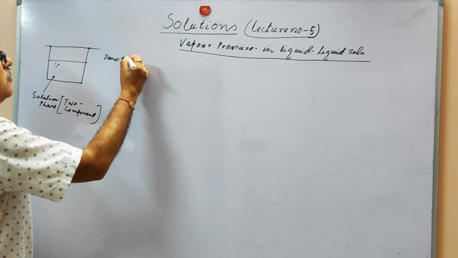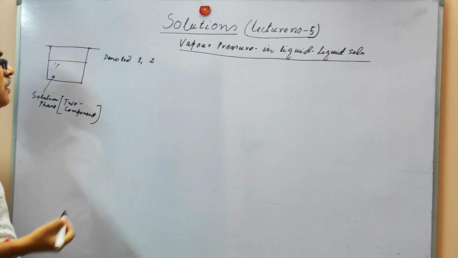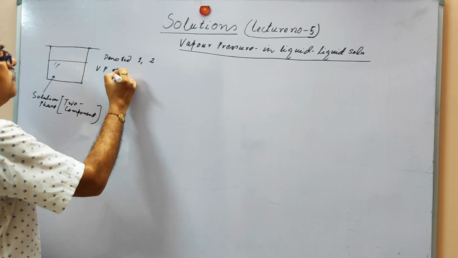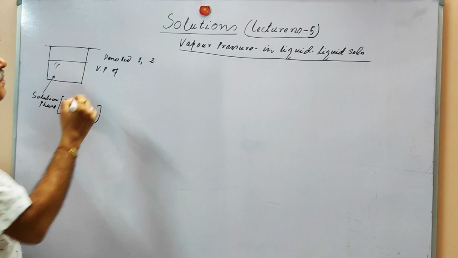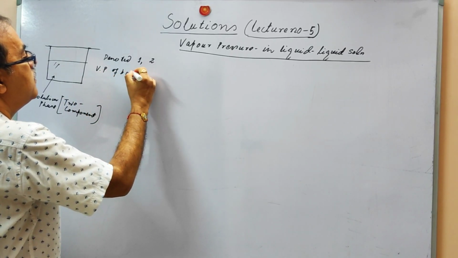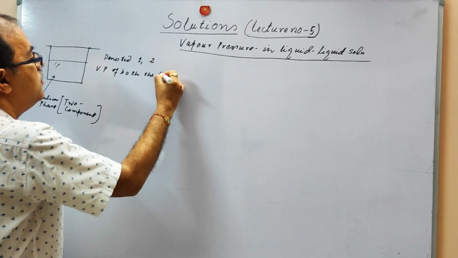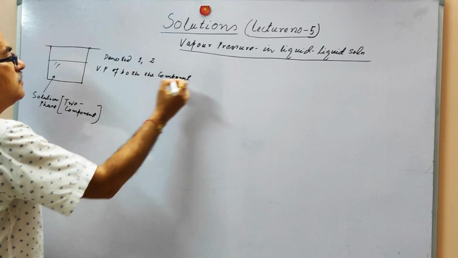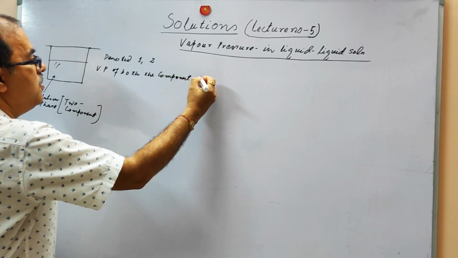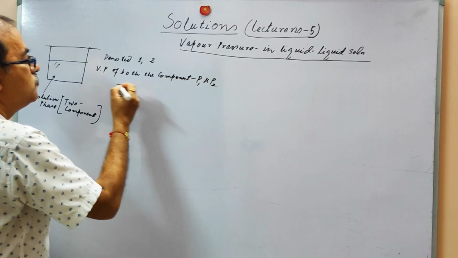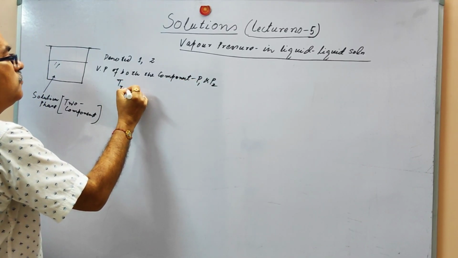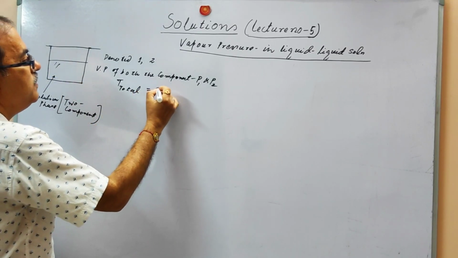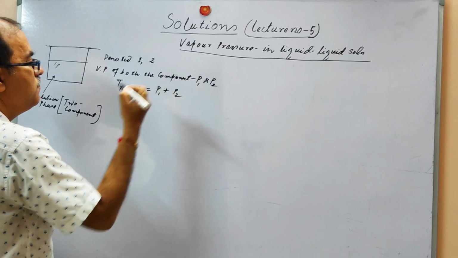The vapor pressures of both the components at equilibrium are denoted by P1 and P2, and so the total pressure above the solution, P total, will be P1 plus P2.